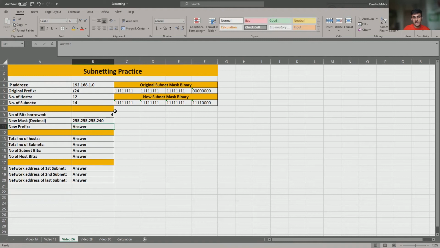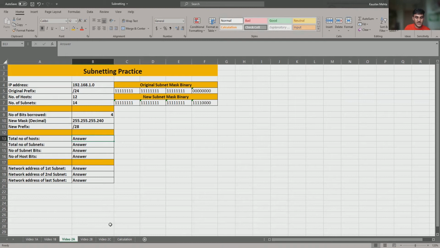So the new prefix now becomes, since we're adding those 4 bits to the original prefix, /28.